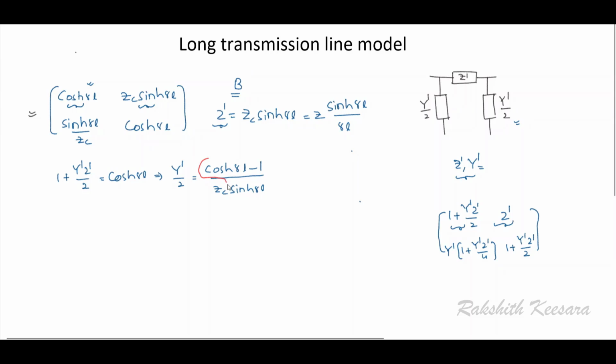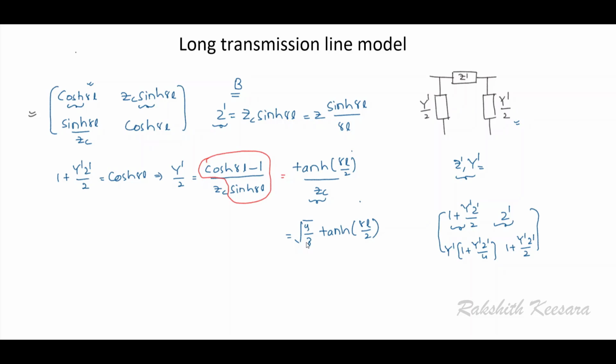And if you do some trigonometric manipulations for this, the value turns out to be tanh γL by 2 by Zc, right? Now I am expanding this Zc. This will be root over Y by Z tanh γL by 2.